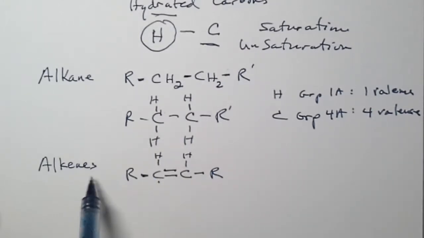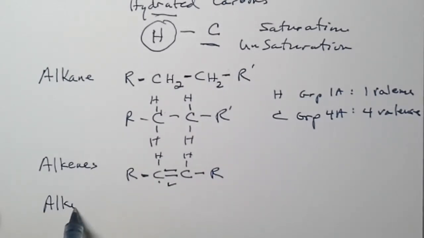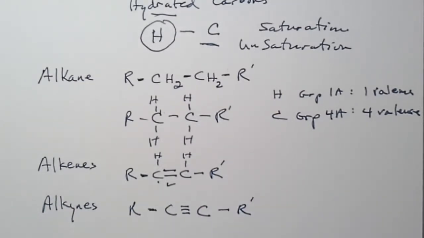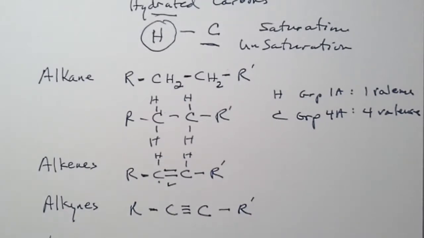Alkenes typically have a double bond, 1 or more. Alkynes are represented by a triple bond within the structure. Okay? So again, carbon has 1, 2, 3, 4 bonds, so its valence is complete.